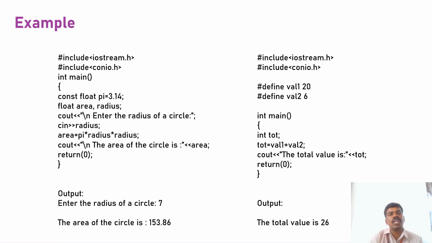So we have used the const keyword while declaring the variable pi. Here we have declared the constant variable, so its value is constant. If we declare constants using #define, then the value follows.